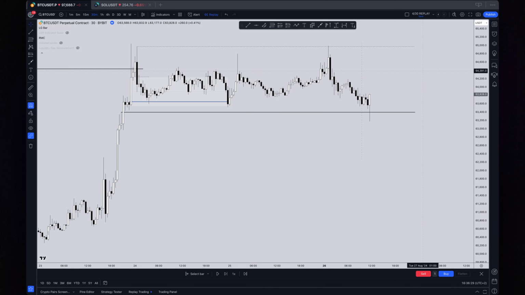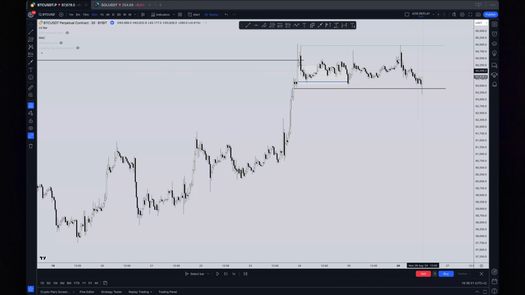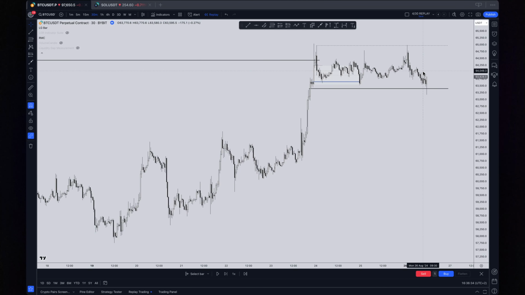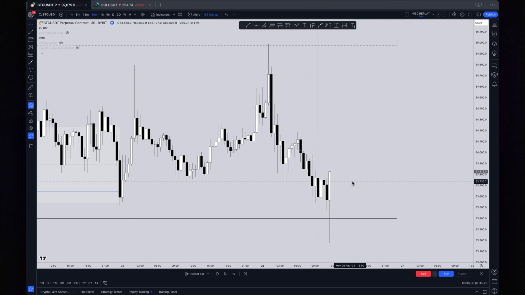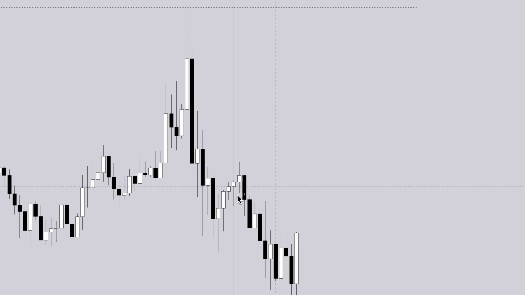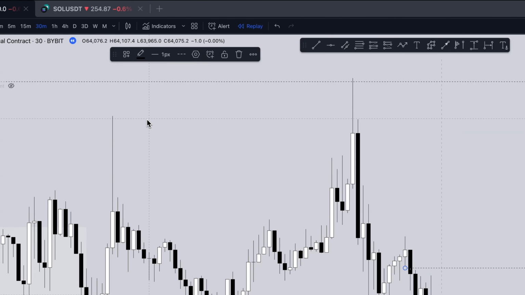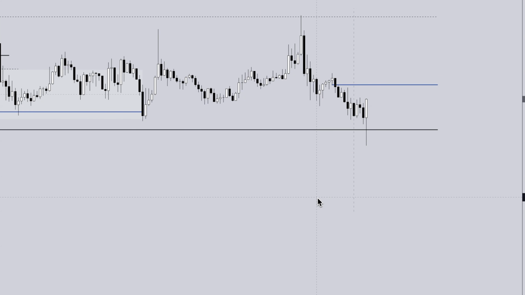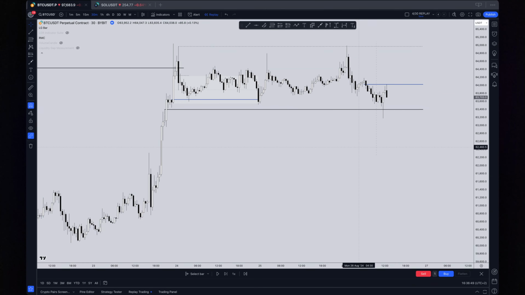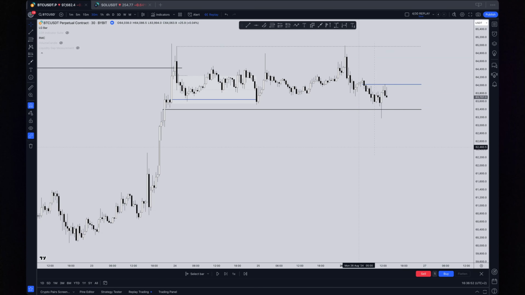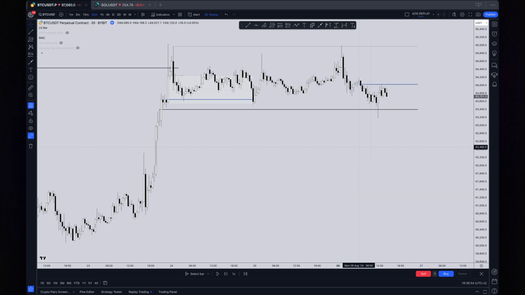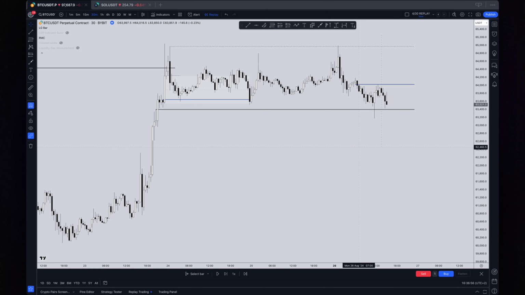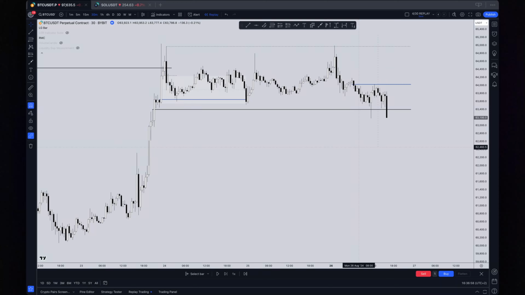Okay, we filled that level now. That's what I have to be wary of, those two levels. Touch it. Test it again.